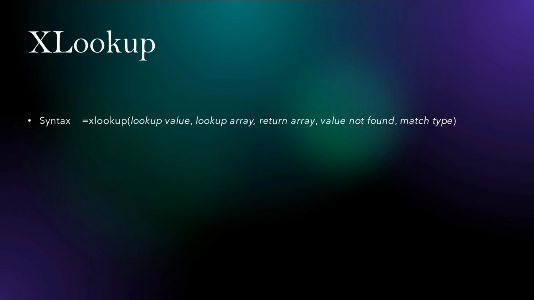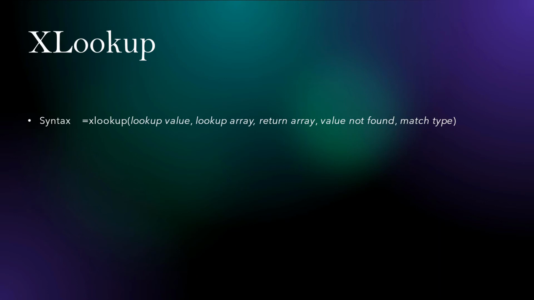So instead of looking up inside of a table or a large range, you're going to have an array of information that you're going to look up the value in, and then you're going to have a return array. So instead of a column or a row number, you're now going to put the range of where the information is that you want returned.